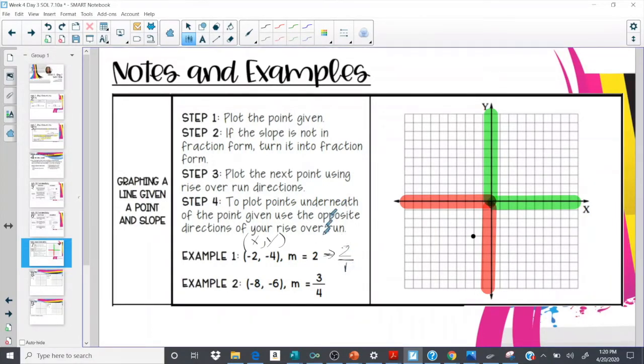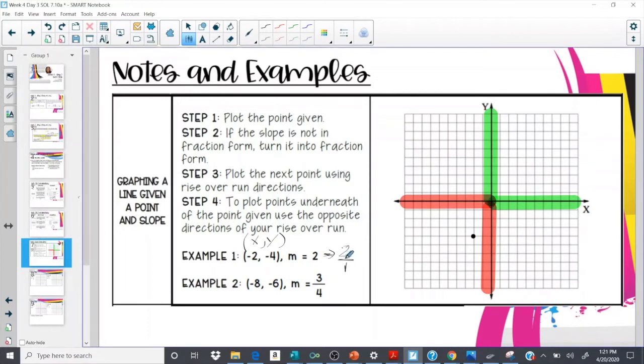And we're doing this because slope represents the vertical change over horizontal change, right? Rise over run. Change in y over change in x. Therefore, when you change this into fraction form, it will give you directions to finding all the other points in our line.